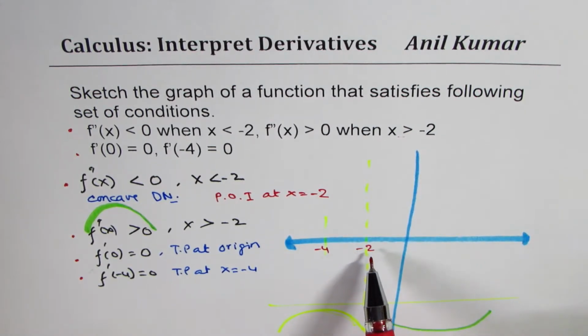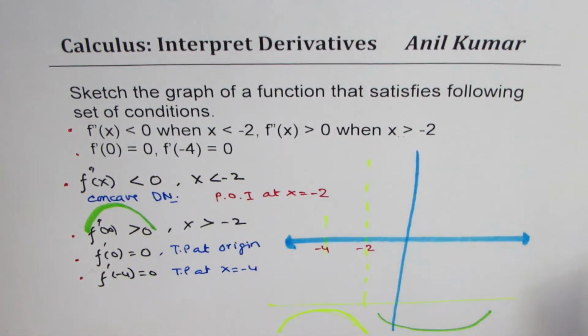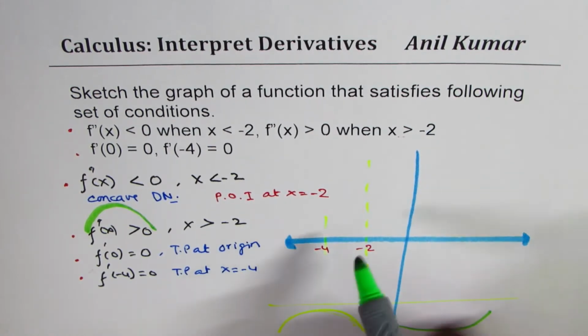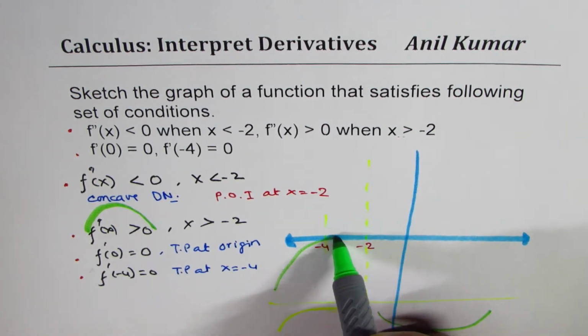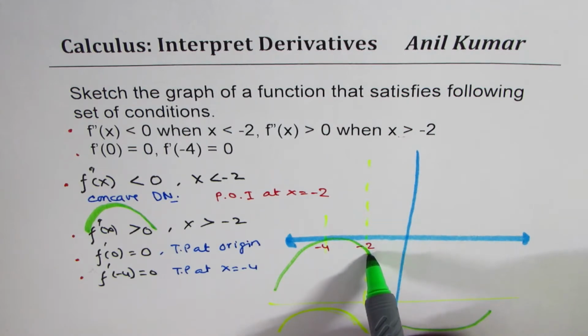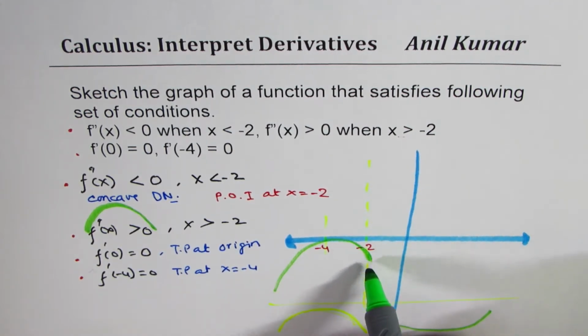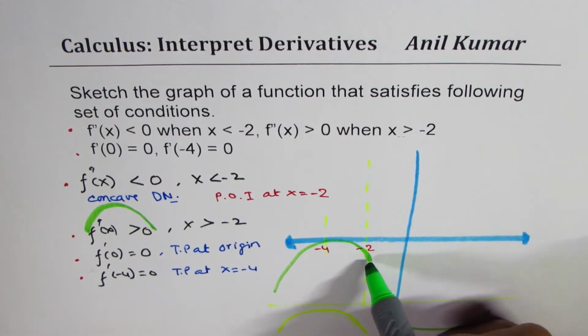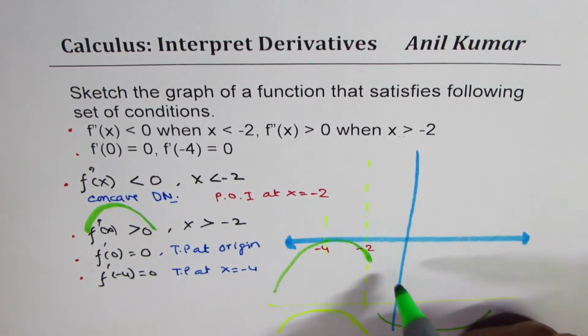How do we sketch a graph? Now, no values are given here, so we can be very flexible. That's the whole idea. However, we know that the curvature of the graph should be kind of like this. Whatever it is, we have a turning point here, right? And like this. Do you see that? So the curvature is kind of like this till minus 2. However, at x equals minus 2, the concavity changes, right?